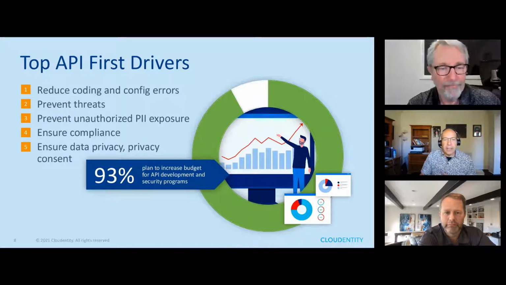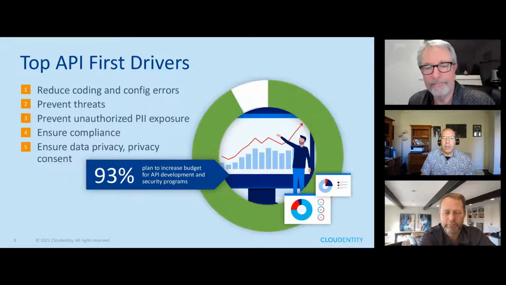Right. Exactly. And I think everybody at your organization, in any vertical, executives, leaders, pretty much throughout the organization, everybody cares about security, right? And when you look at some of the things on this page, preventing threats and unauthorized PII and so forth, it's all about, we don't want to have reputational risk, right?